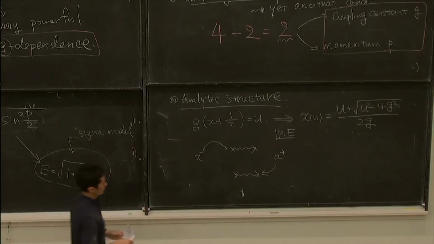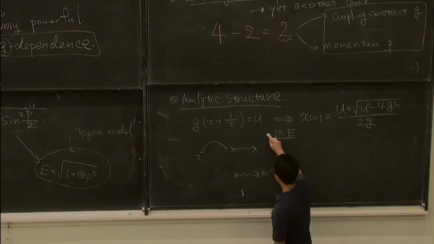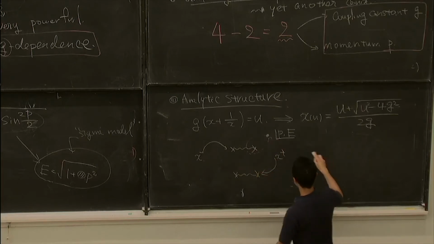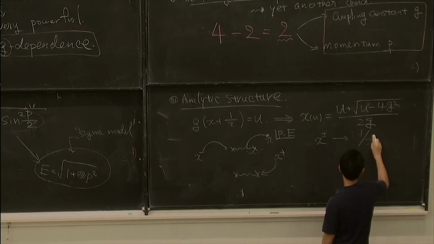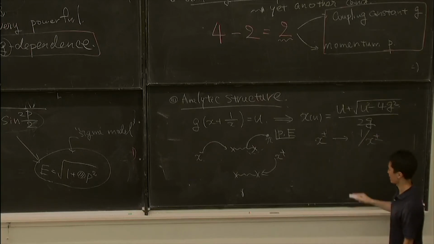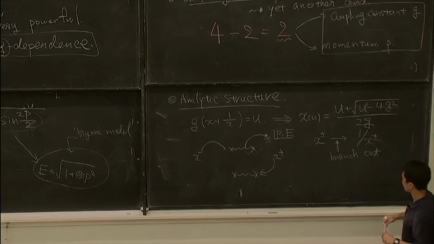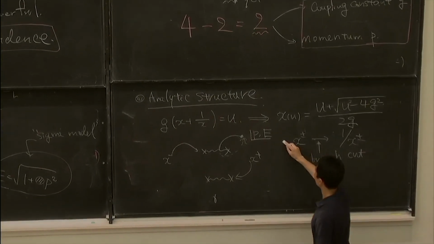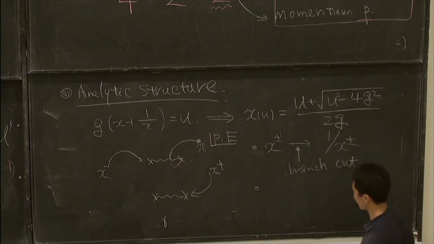And one interesting feature of the existence of branch cuts is that if you start from somewhere here, and then you cross, for example, the cut of x minus, and come back to the same place, then it turns out that by going through the branch cut, you replace x plus minus by 1 over x plus minus. Then let's see what happens if I cross both branch cuts.